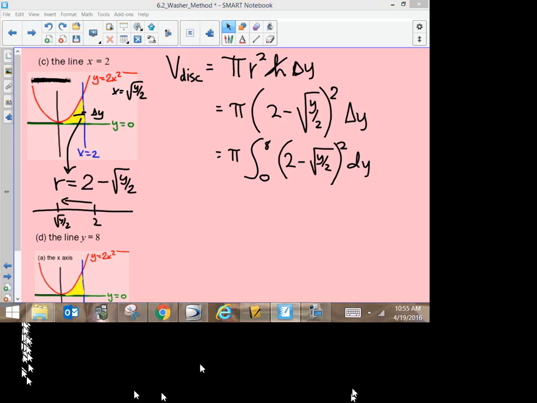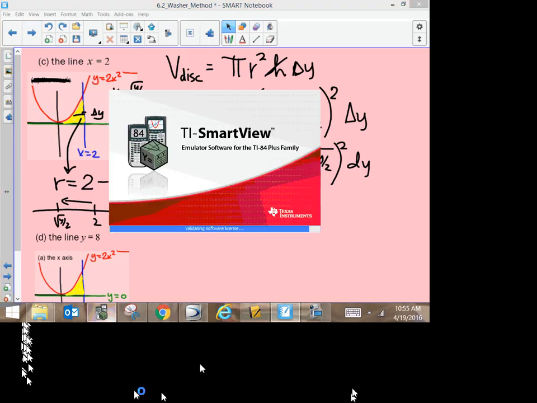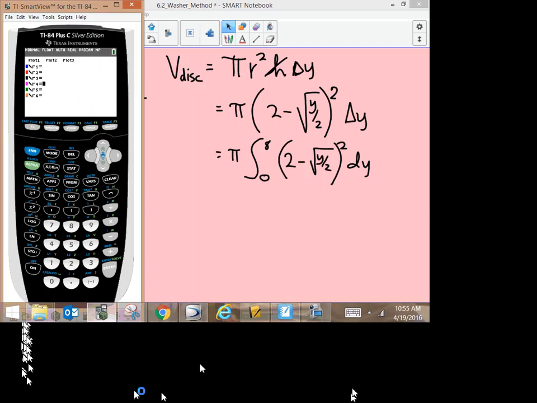Be careful when you put that square in. Yeah. Well, you just add the pi to the end. Okay, that's 0 to 8.